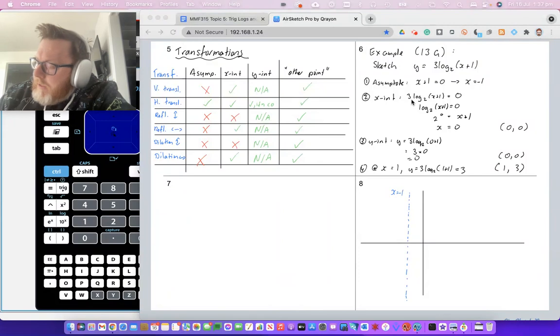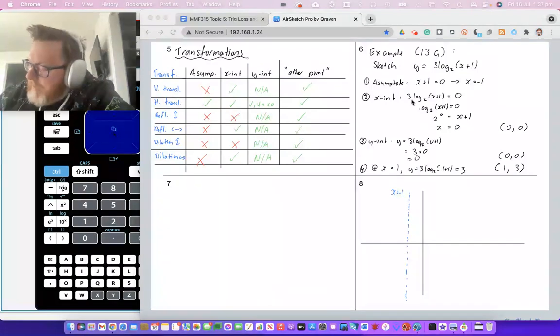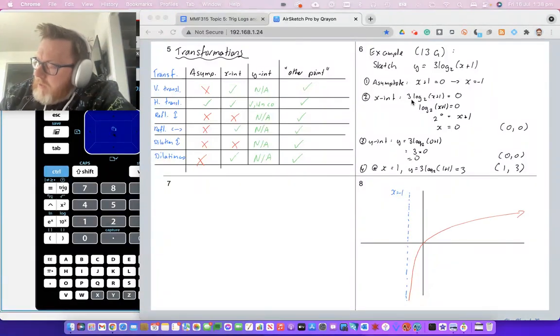I'll now draw my line in. I know I have to hit the origin, and then it stretches off like that. So there's (0, 0), which I don't really need to mark in because it's the origin. But I'll mark in my one other point, which was (1, 3). And there's my graph sketched.